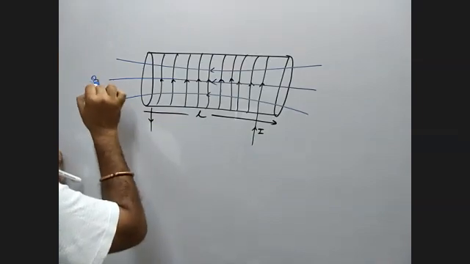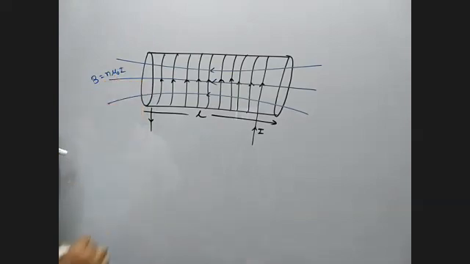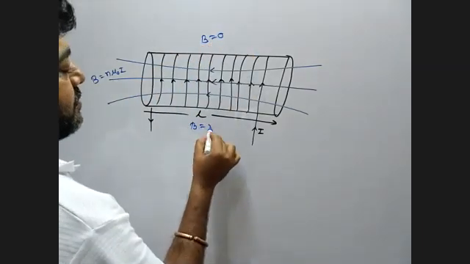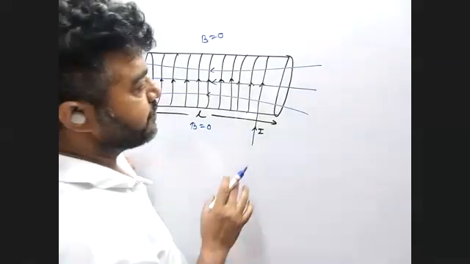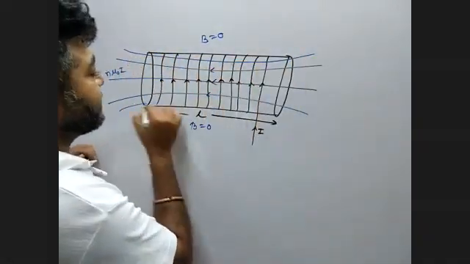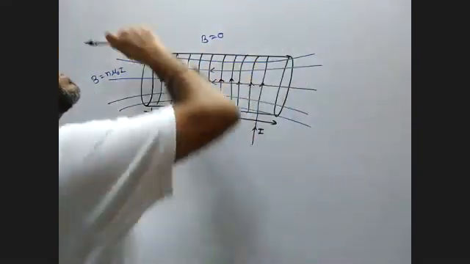And inside, we have to prove that the solenoid's magnetic field is N mu naught I, and outside the solenoid, the magnetic field is 0. Now see, if we increase the length, the field lines inside are more straight, and the more straight they are inside, outside they meet at a very large distance.